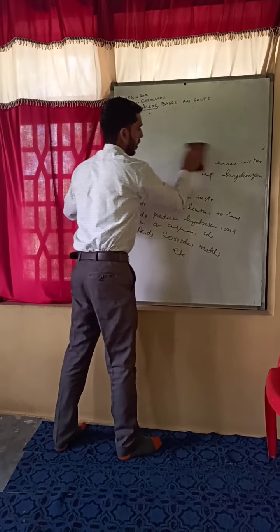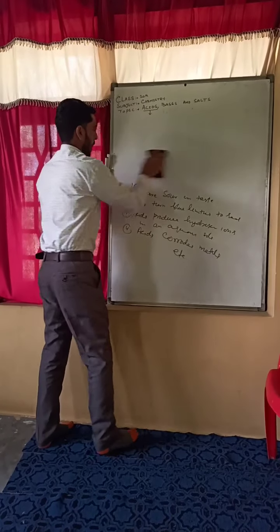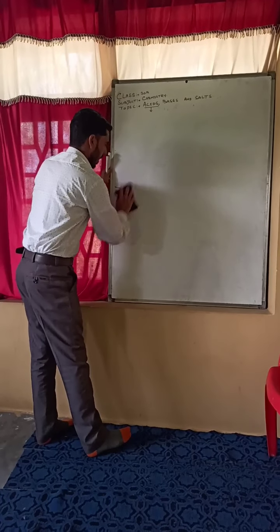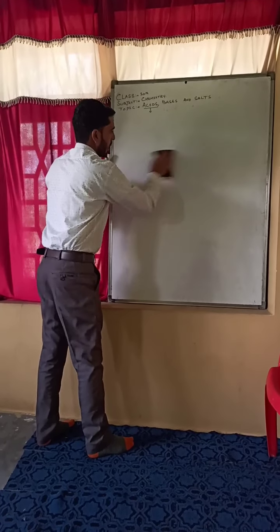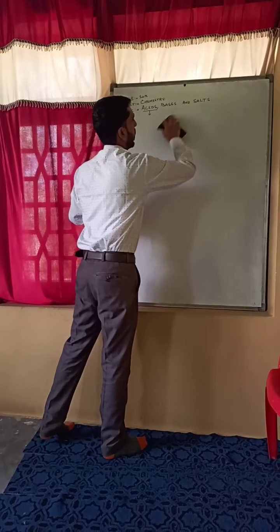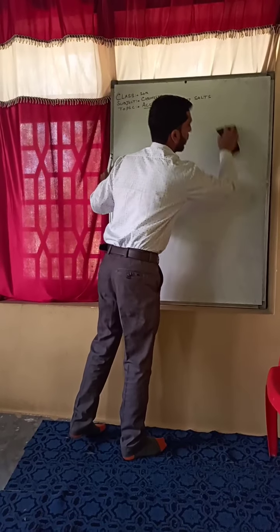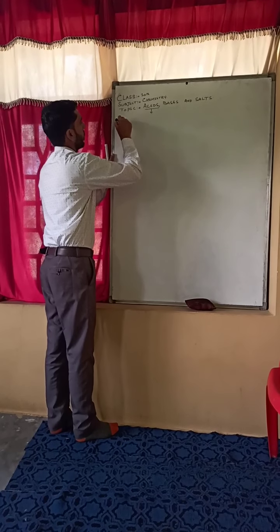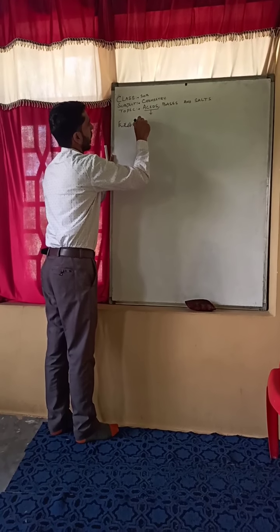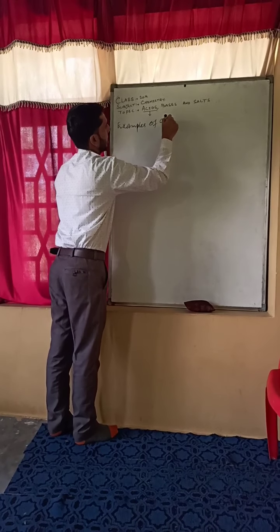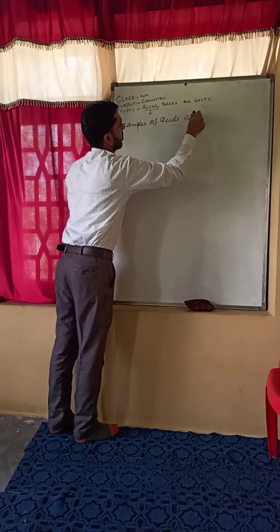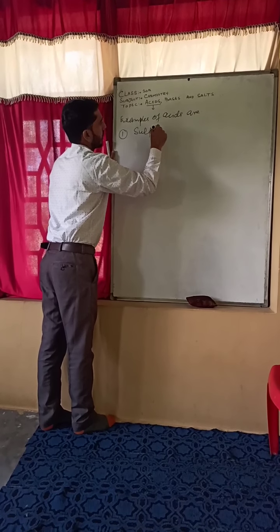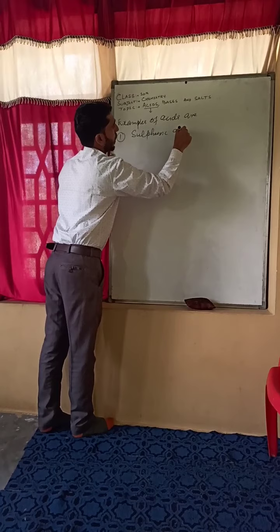Now we will try to know the examples of acids. There are so many examples of acids which are around us, which are present in our daily life, which are mentioned in the books. So my dear students, you write down examples of acids. The first example is sulfuric acid.